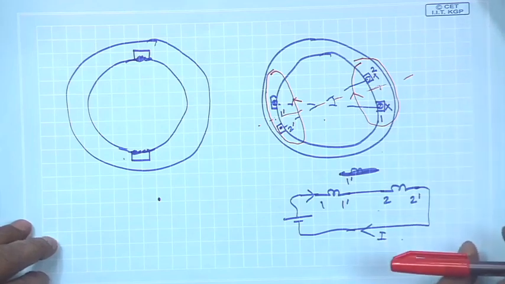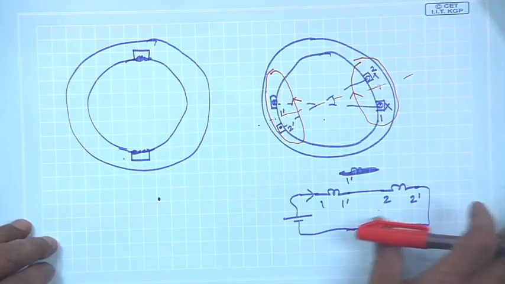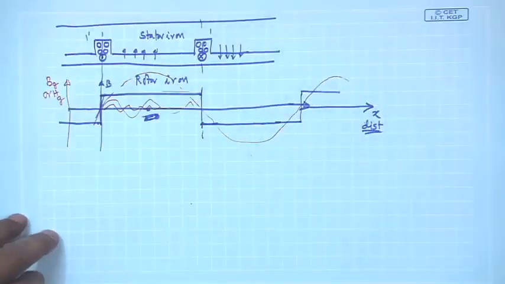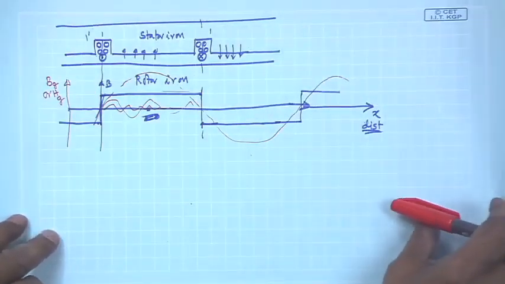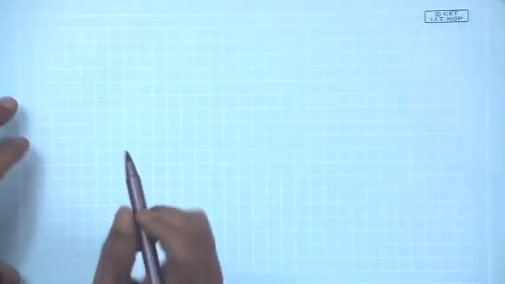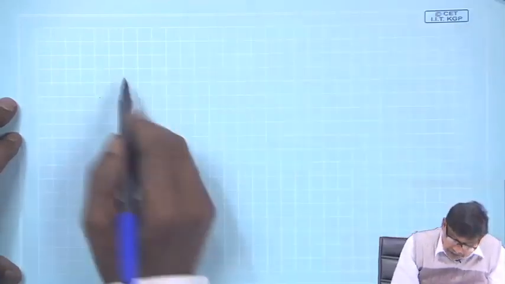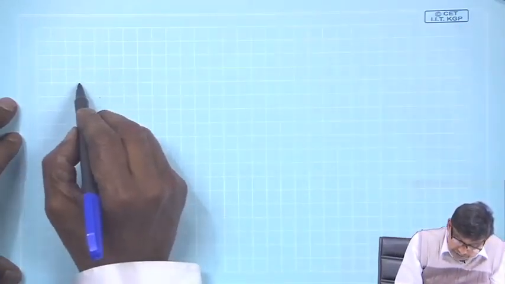and they are connected in series, so that they are carrying the same current, then what will be the resultant waveform? The resultant waveform will be, first I draw the developed diagram of the system.